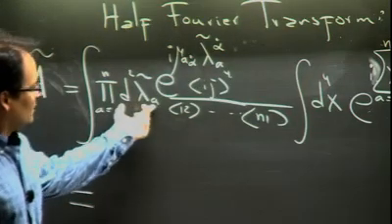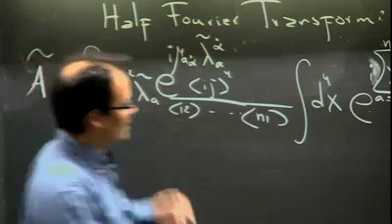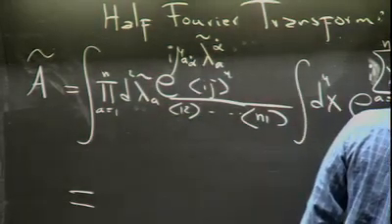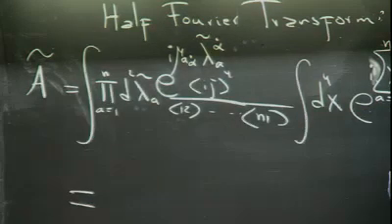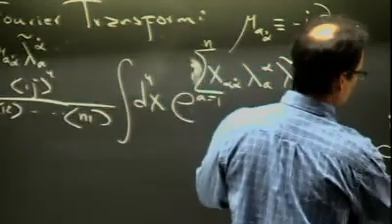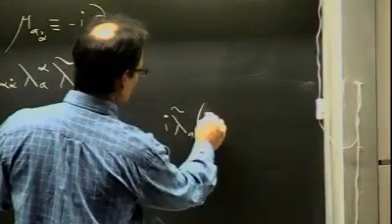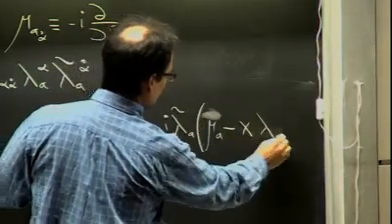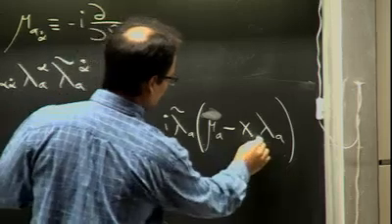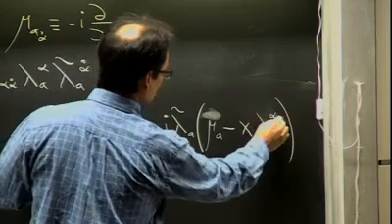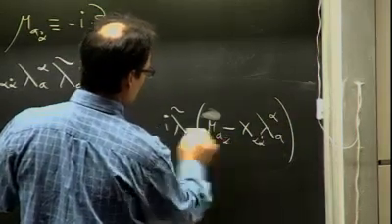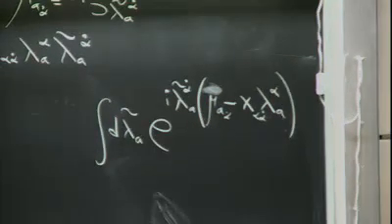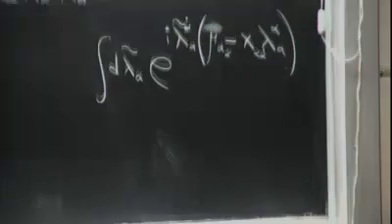Now, each integral over lambda tilde is an integral of that form. So it produces a delta function.